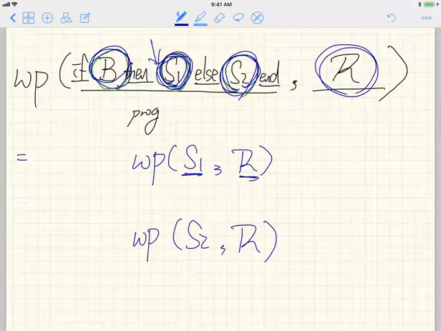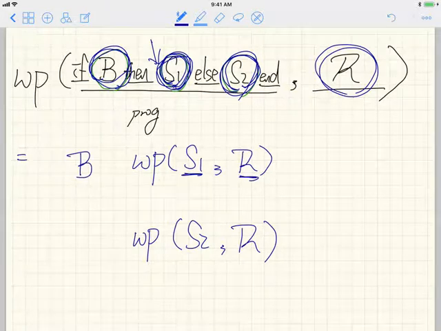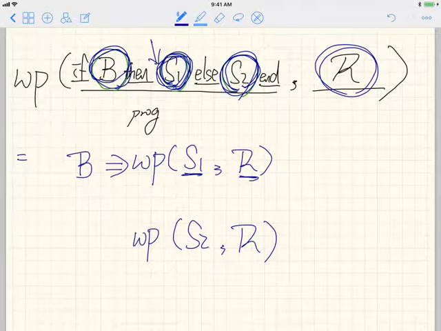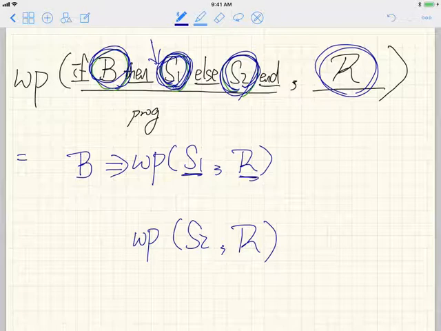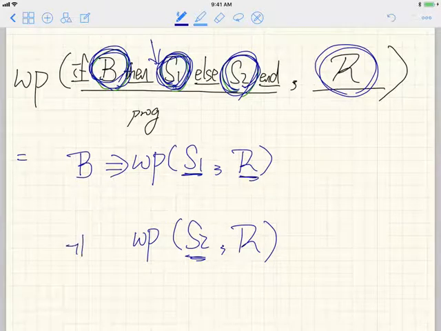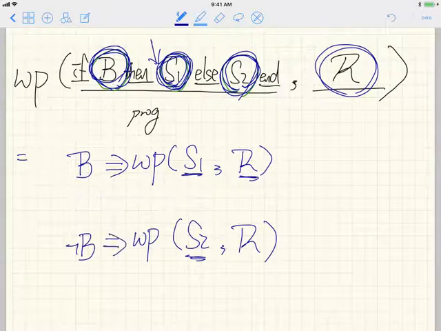So now I must say, if B is actually true, that implies that's the case. And similarly, if I actually execute S2, what does that mean? That means B actually failed. It's not the case that B is true. So that means I have not B. Given that this is the case, then I can actually establish this weakest precondition.